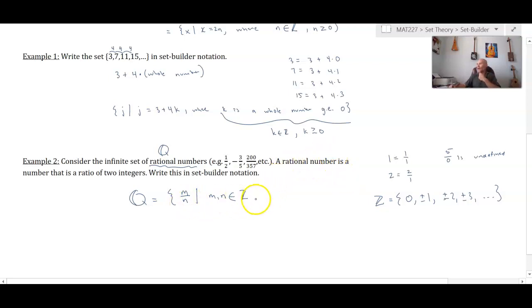And therefore I have to also add the statement that n is not equal to 0, because anything divided by 0 is not a valid rational number. And that fully describes the set of all rational numbers. And now you can begin generating a list of them. It's just impossible to list them in ascending sequence because between any two rational numbers, I can always find another rational number.